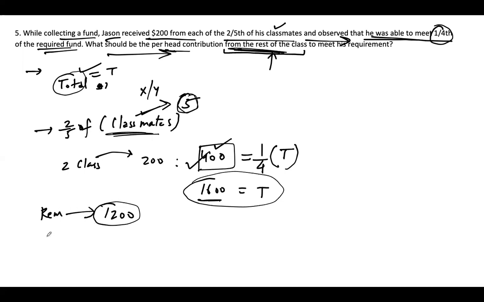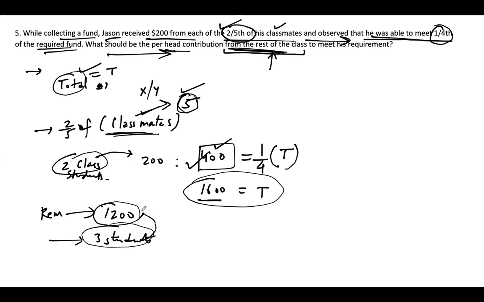And what is the number of students who are contributing now? 2/5 of the students, that is 2/5 of 5, as in 2 students have already contributed. We are left with only 3. 3 students have to pay 1200.